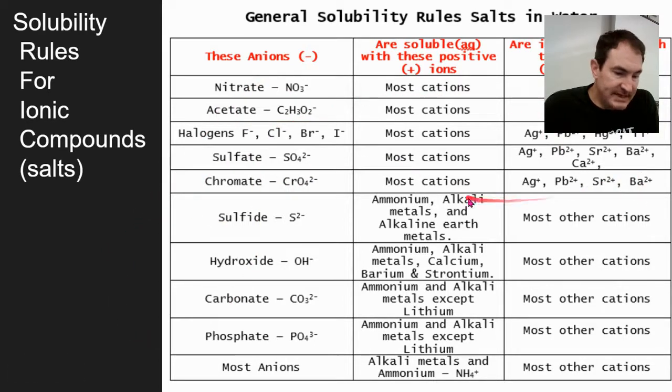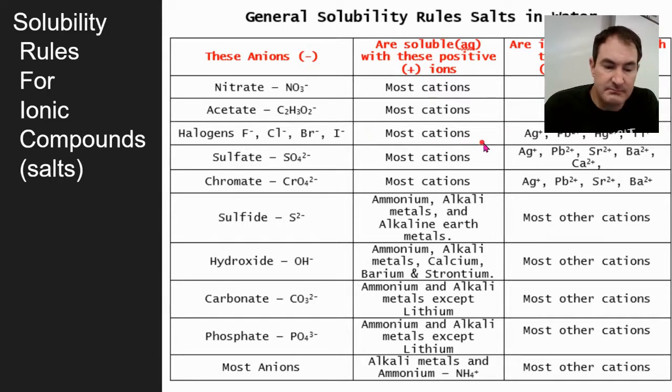So let's do an example of this. Let's do sodium chloride, because we know that's soluble, but let's see how the chart works. My cation is sodium, my anion is chloride ion. So I'm going to find chloride first, and that's here. Now I come across and see which of these two columns sodium fits into.